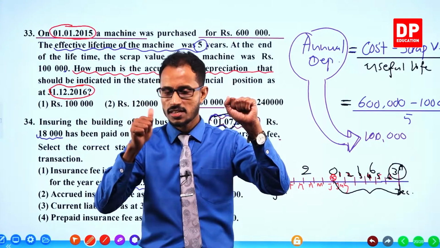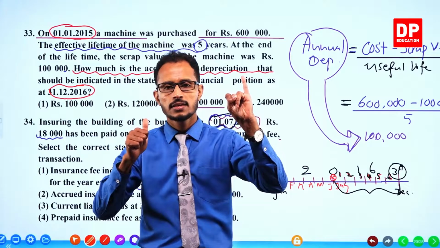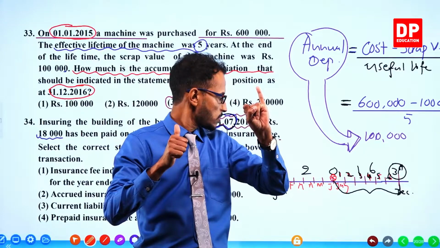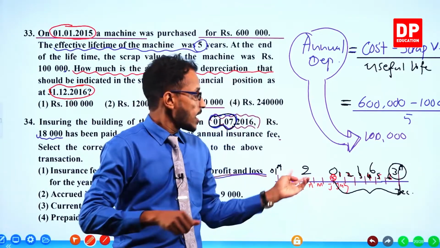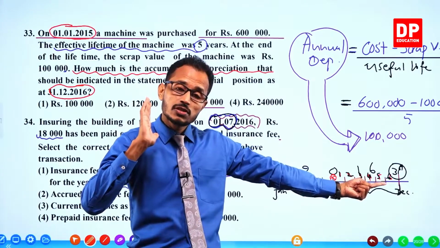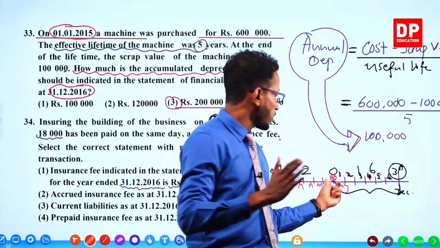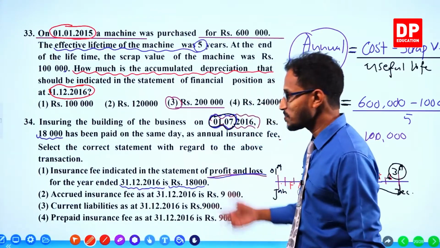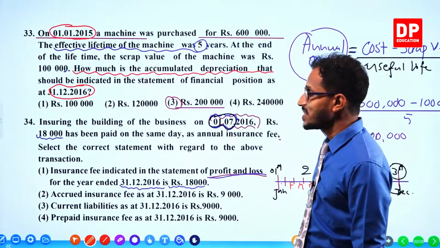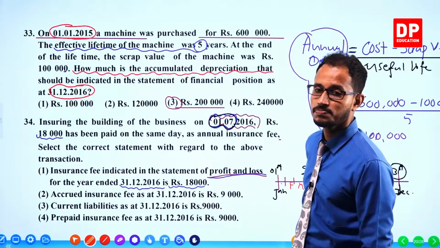So for the year ended on 31st of December 2016, only 6 months is relevant. This is the accrual concept.